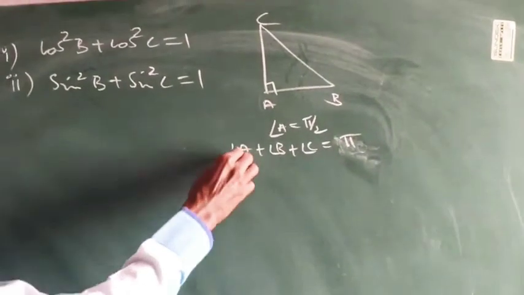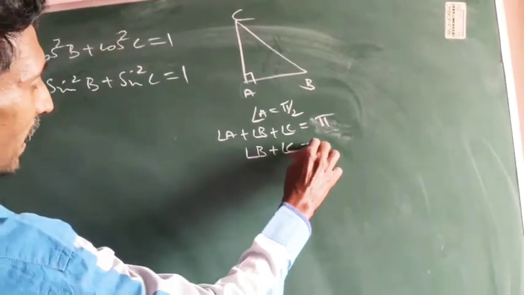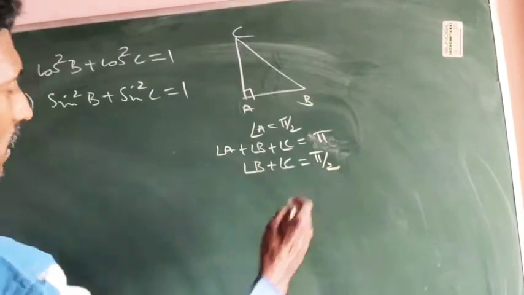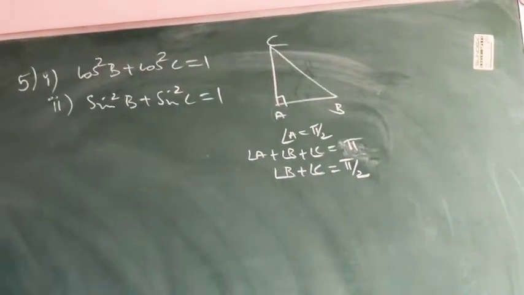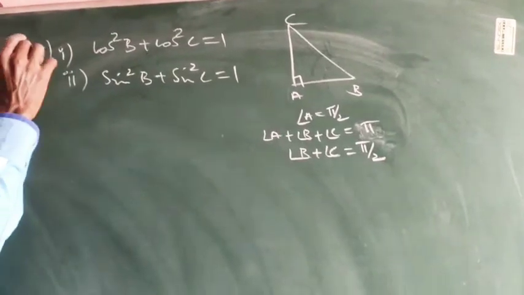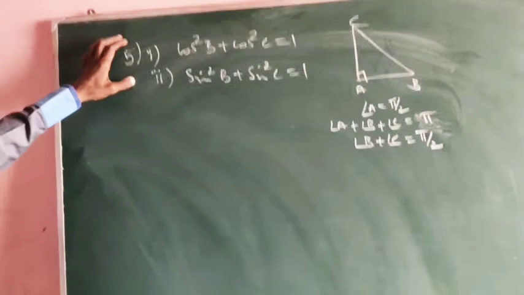Since angle A is 90 degrees, angle B plus angle C equals 180 minus 90, so keep this: angle B plus angle C equals 90. Our aim is to prove question number 5 in exercise 3.7.